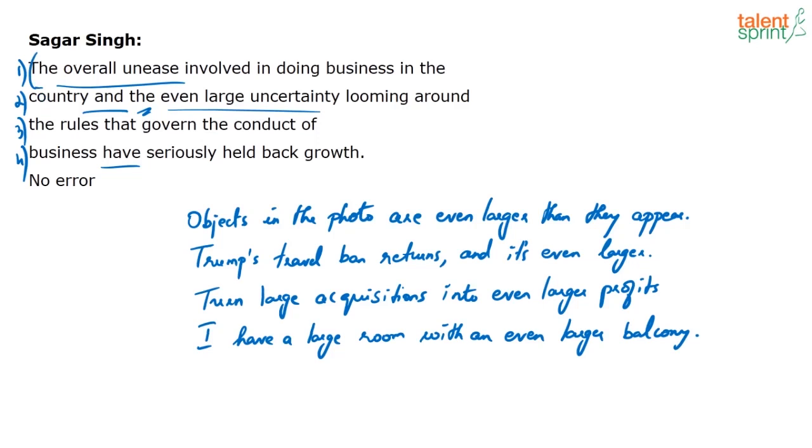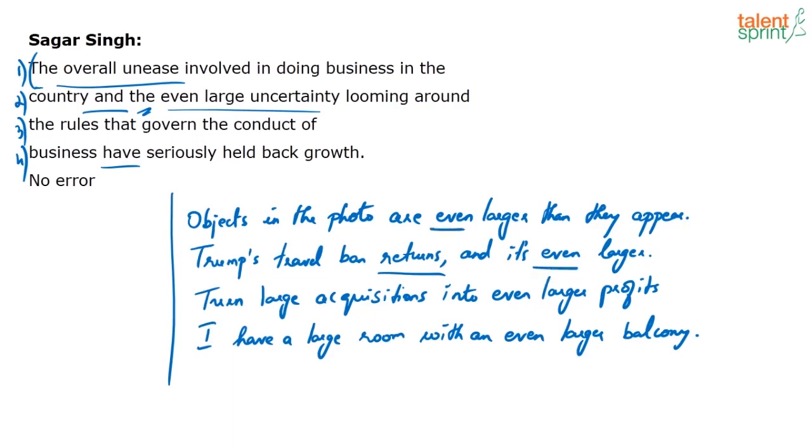The even larger uncertainty looming. So there's comparison happening between one entity and the other. Objects in the photo are even larger than they appear, so they seem like something more than what they are. Trump's travel ban returns, and it's even larger. So earlier it was to one extent, one degree, and now it's even larger.